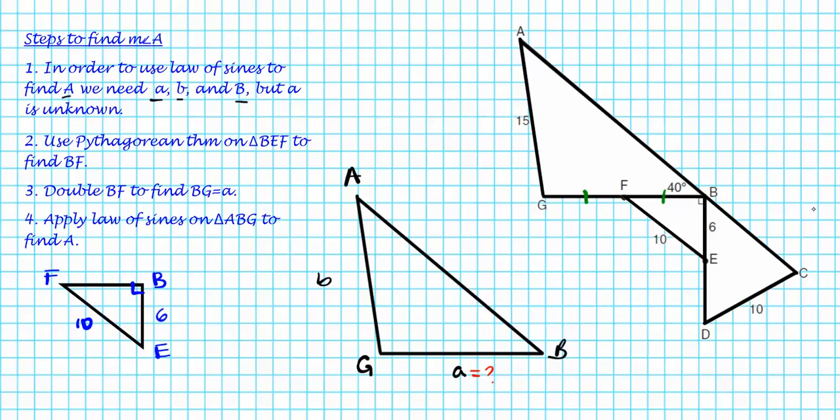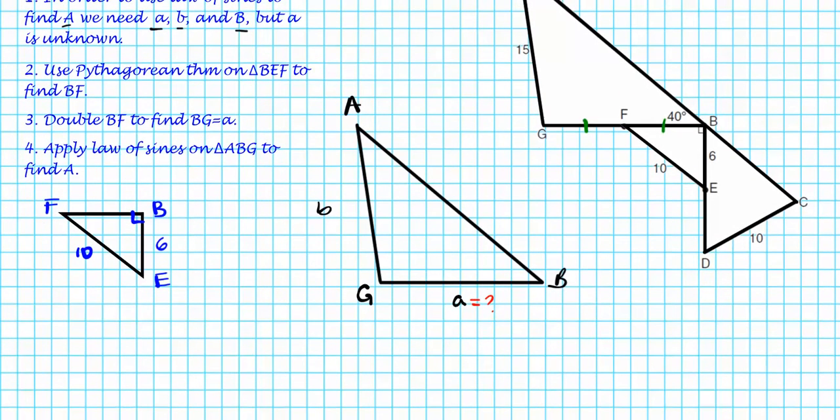You use the Pythagorean Theorem. So this is a, this is b, and this is c. The Pythagorean Theorem, which I assume you're well acquainted with, is a squared plus b squared equals c squared. The sum of the squares of the legs equals the square of the hypotenuse.